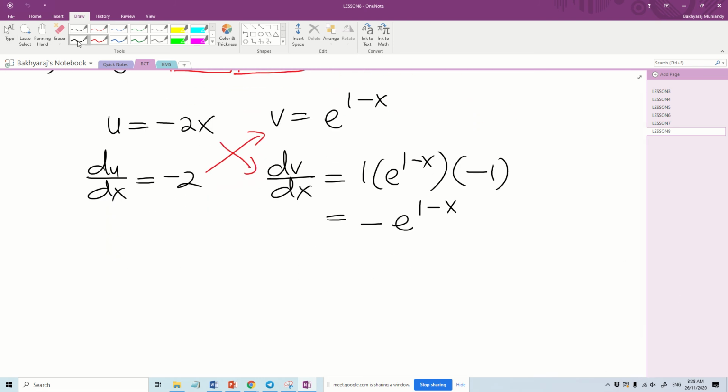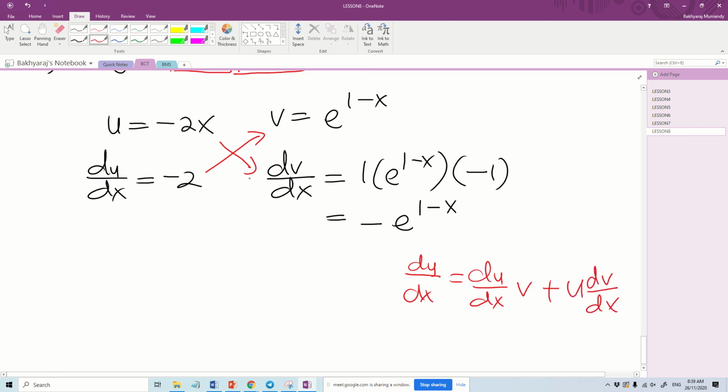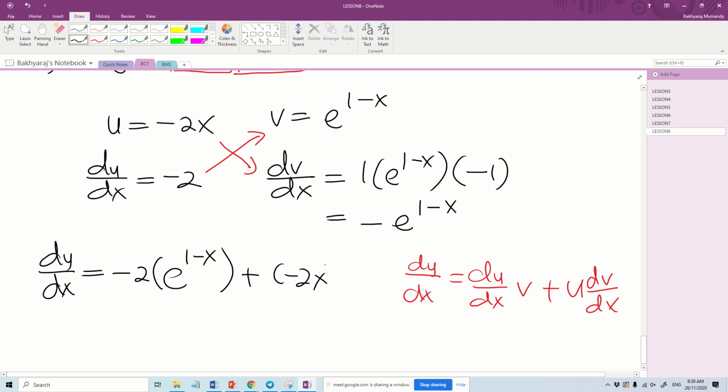Your answer will be, remember your formula, dy/dx is du/dx times v plus u times dv/dx. So here dy/dx becomes negative 2 times exponent 1 minus x plus negative 2x times negative exponent 1 minus x.